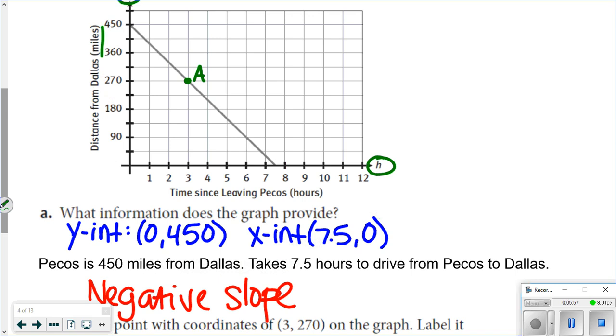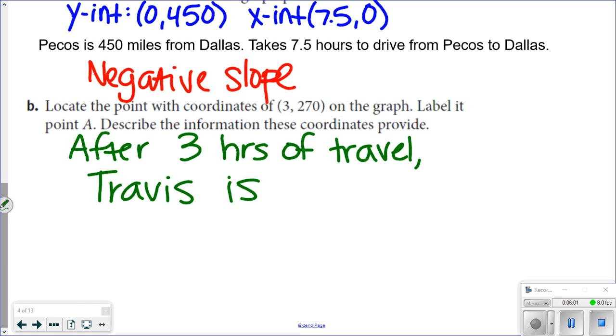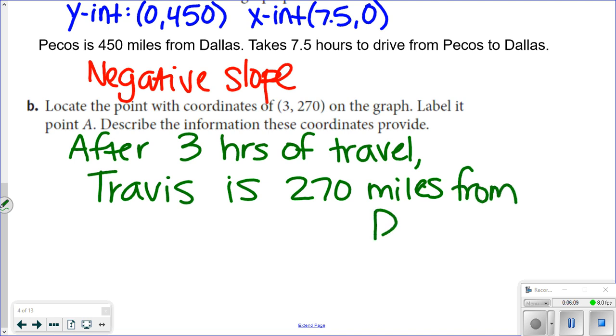So that is the distance from Dallas. So Travis is 270 miles from Dallas. Or he has 270 miles left to travel till he reaches his final destination.